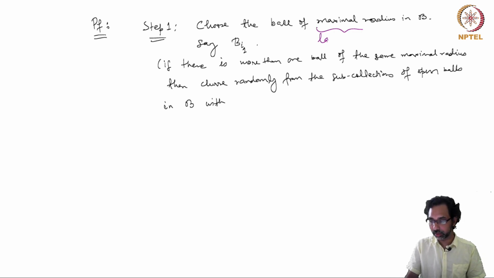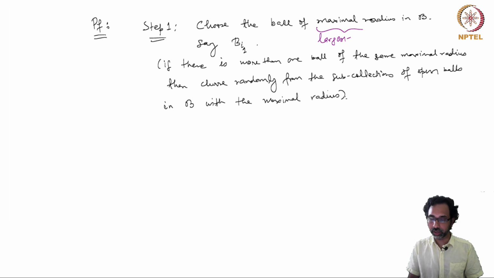Maximal radius here means the largest radius. If there are more than one, we can just pick one, and then we repeat this process for the next one in no particular order. Because there are finitely many, there are no issues with choices. So the first step is to choose the ball of maximal radius in B, and say this is B_i1.